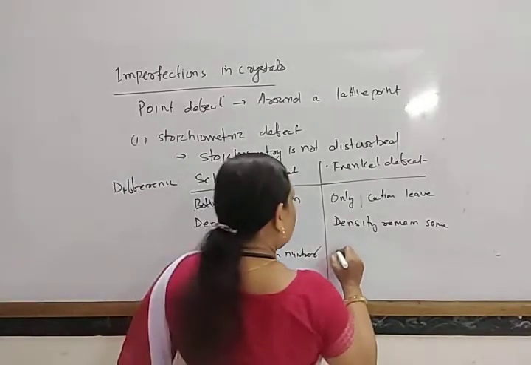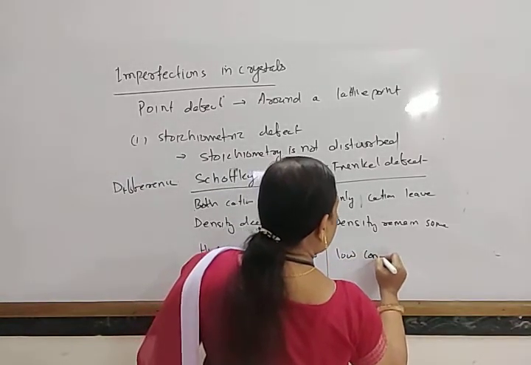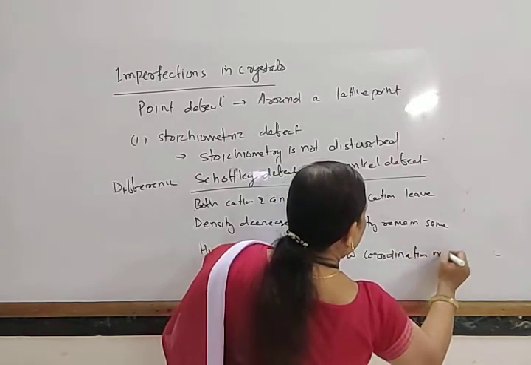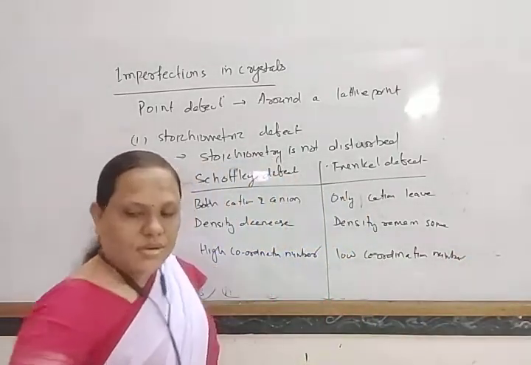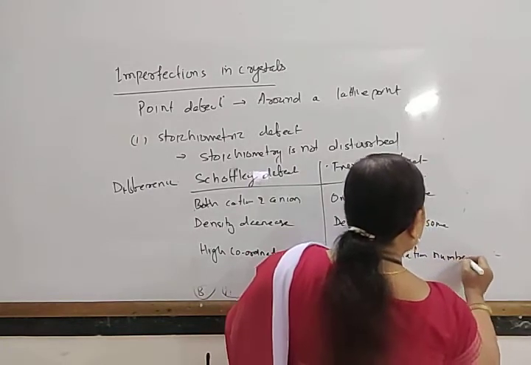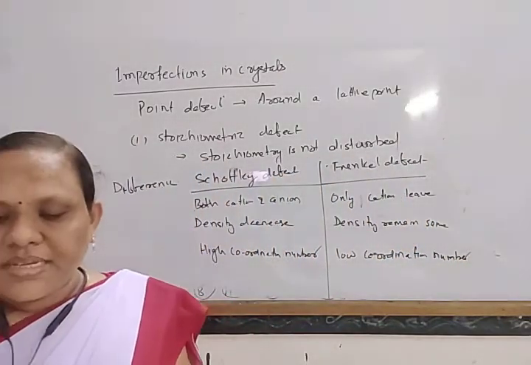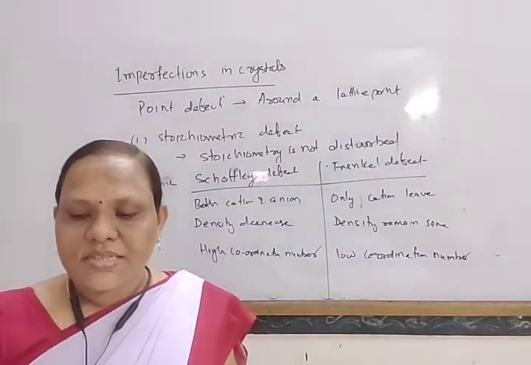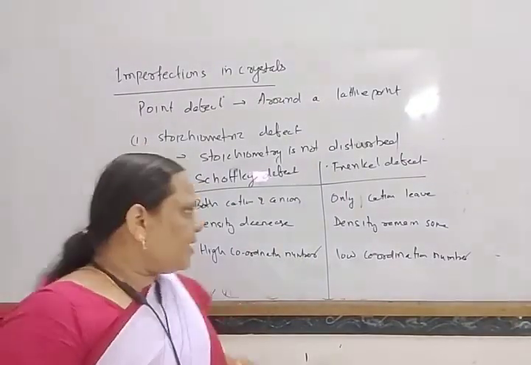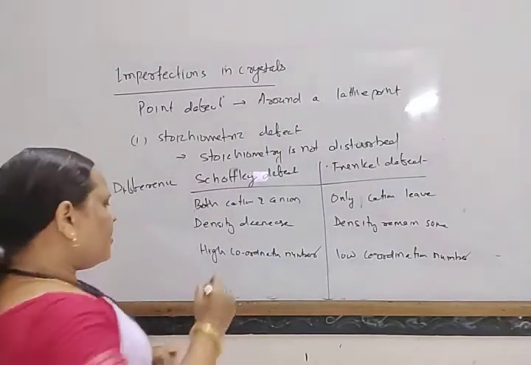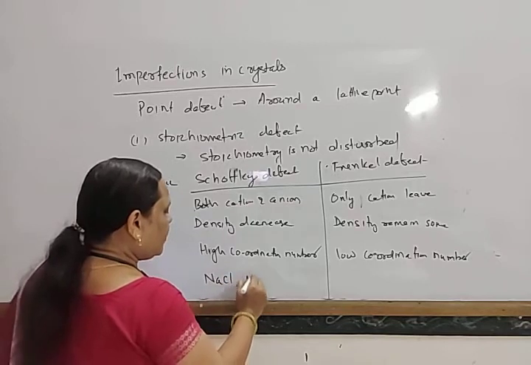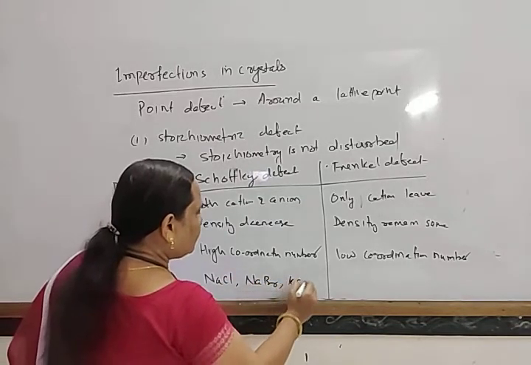and Frenkel defect generally takes place in compounds having low coordination number. Some examples where Schottky defect is seen are sodium chloride, sodium bromide, potassium chloride.